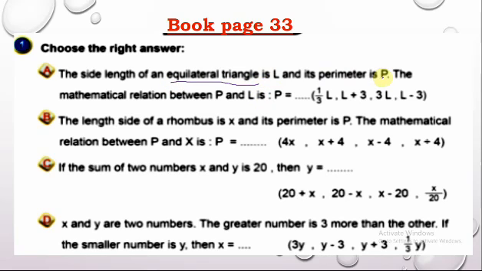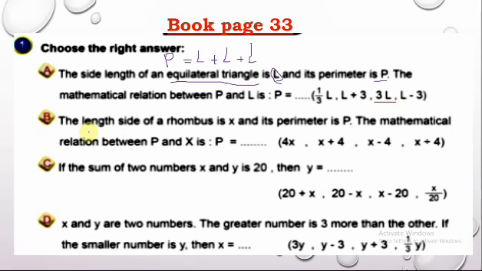Its perimeter is P. The mathematical relationship between P and L: to find the perimeter of the equilateral triangle, it means L plus L plus L, right? Because it's an equilateral triangle, all the side lengths equal L. So the perimeter equals L plus L plus L equals 3L.